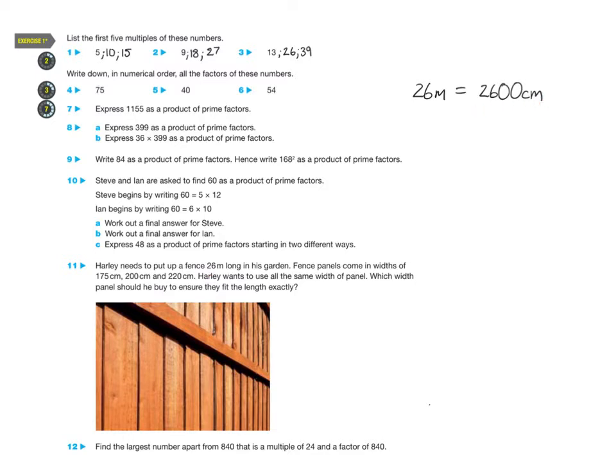After that, you're going to see if 175 centimeters can go into 2,600 without any decimals, and the same with 200, and the same with 220. Now, just looking at this, I can see already it's going to be 200 because it goes in nice and equally.